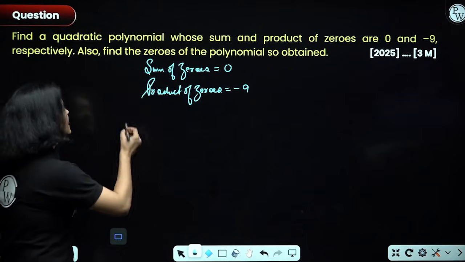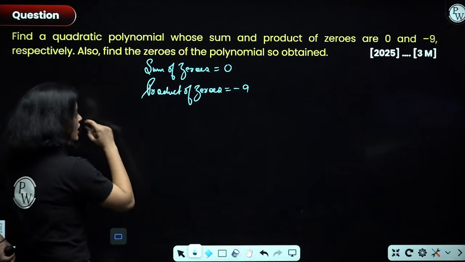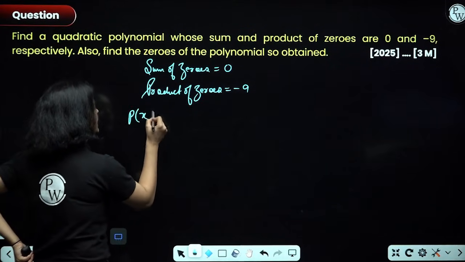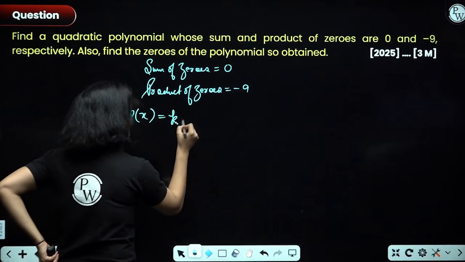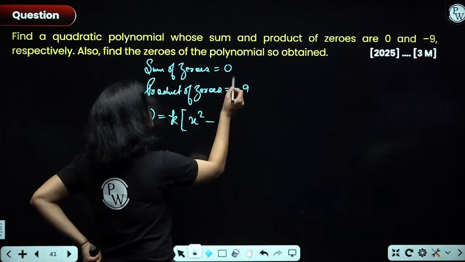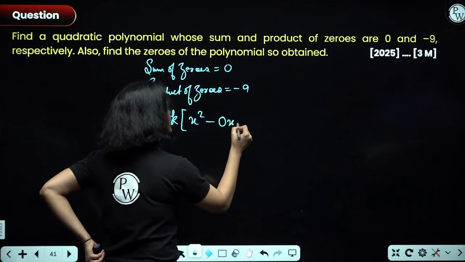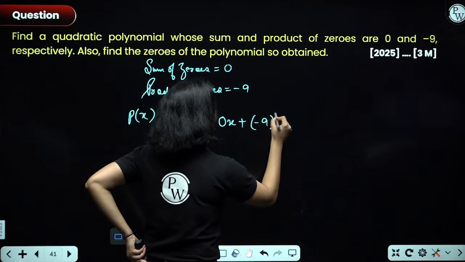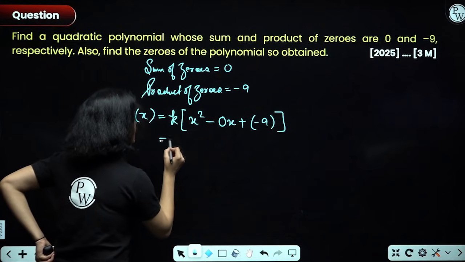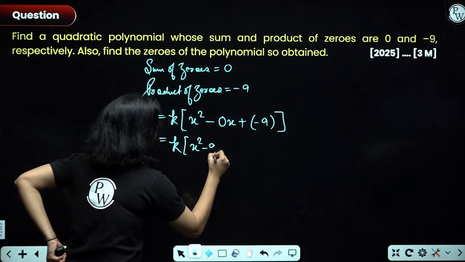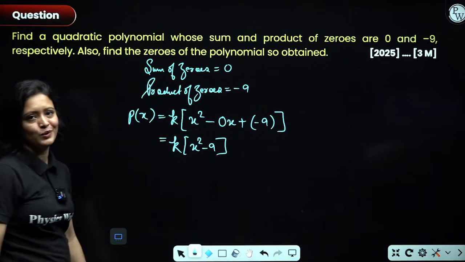We just studied how to find it. So what would be the quadratic polynomial? It would be k multiplied with x square minus sum of zeros, which is 0x, plus product of zeros, which is negative 9. Yes, everyone? So this would come out to be k x square minus 9. This is our polynomial, right?